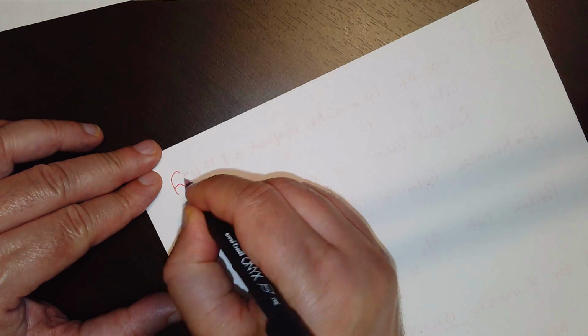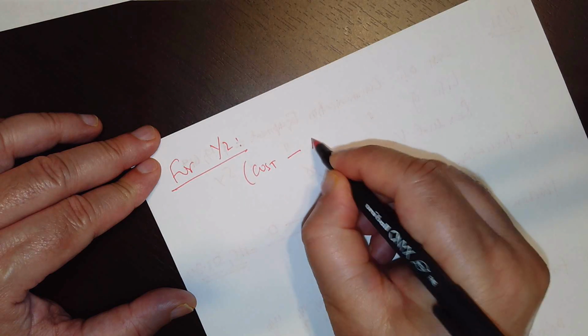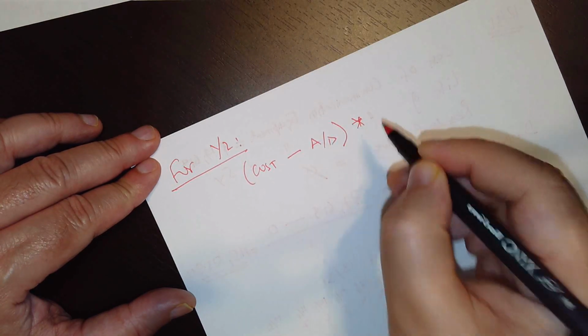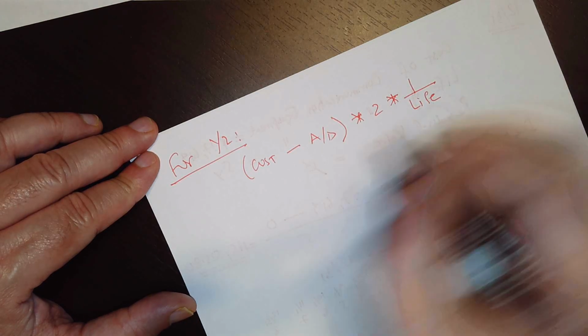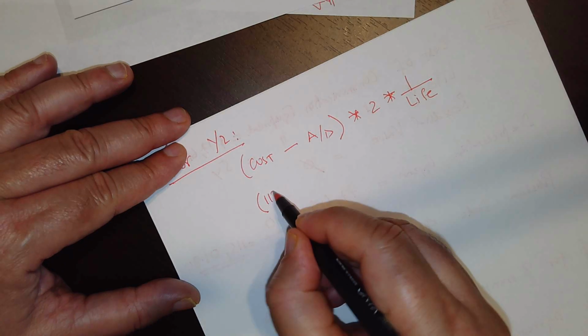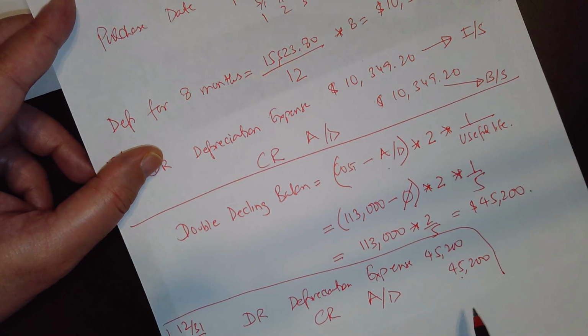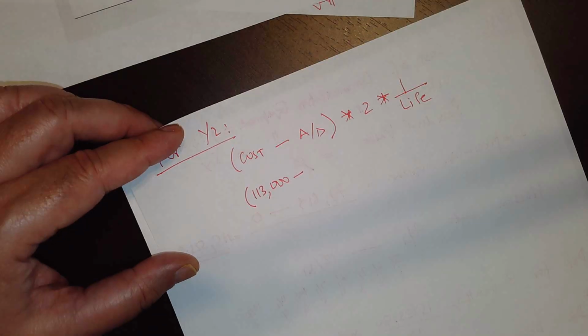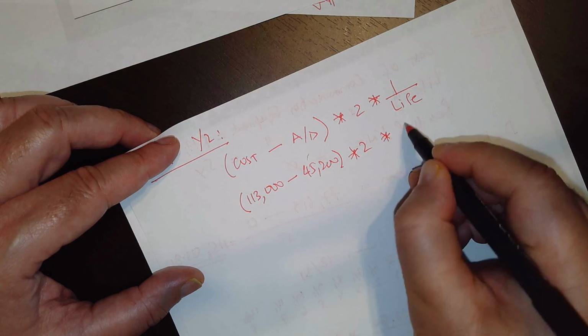For year two, you're going to use the same formula: cost minus accumulated depreciation, multiply by 2 and multiply by 1 over life. So the cost will remain the same, 113,000. It's not going to change. Accumulated depreciation will come from last year, which we calculated as 45,200. So that's the number that will go over here. Multiply by 2 and divide by 5.